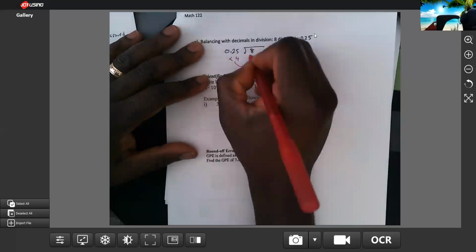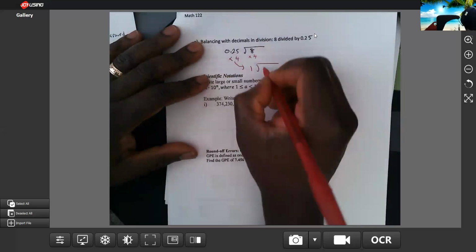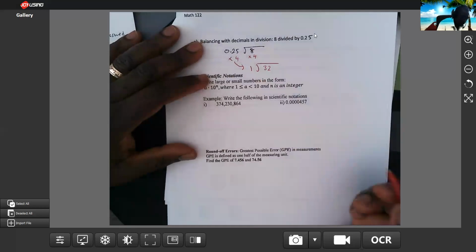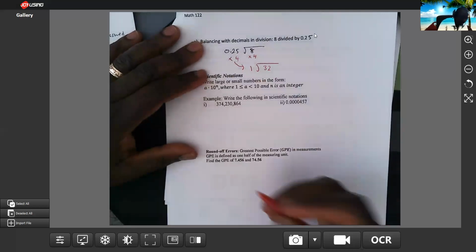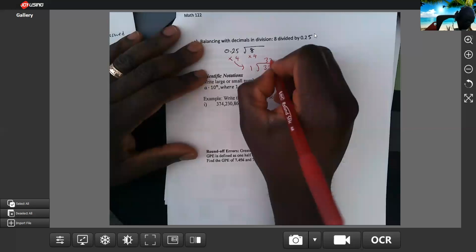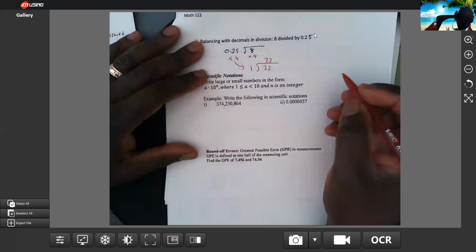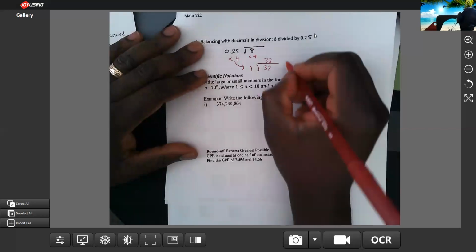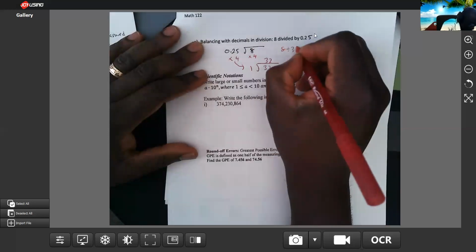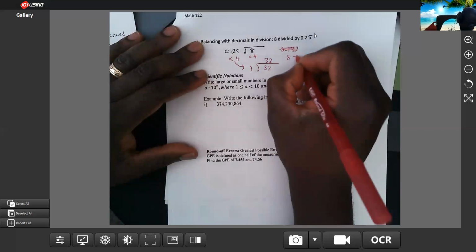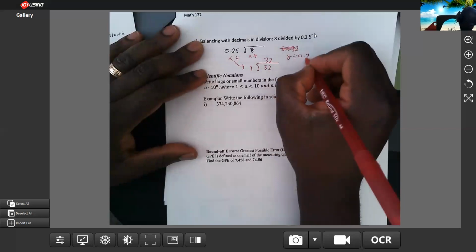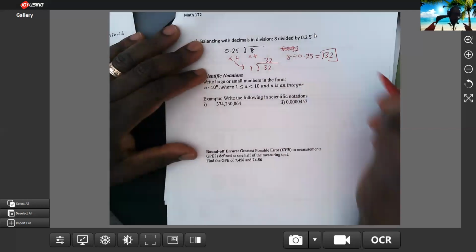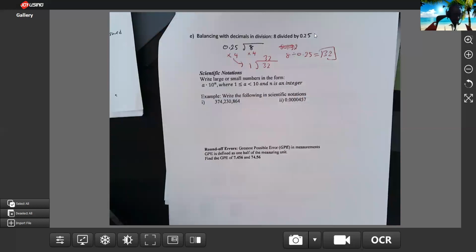And then if you multiply this also by 4, that becomes what? 32. Okay, so now you have 32 divided by 1, and that is equal to what? 32. Okay, so the answer is, sorry, 8 divided by 0.25 is equal to what? 32. So how many quarters are in $8? That's the same as saying that's 32.